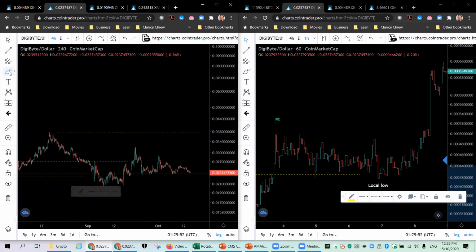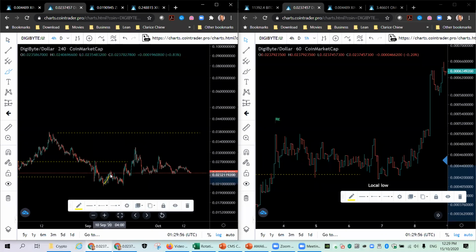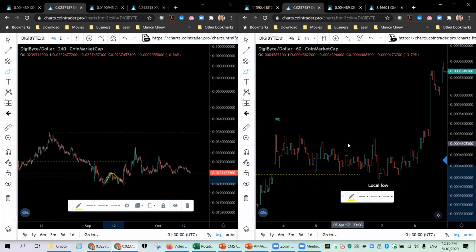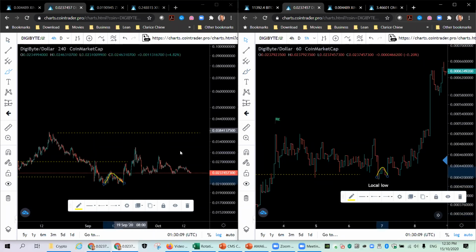And then it forms a double bottom. Looks like it, right? There's a double bottom that was formed recently. It does look like there's a double bottom that forms even in the past, right? And then that's where it's leading to where we are now.